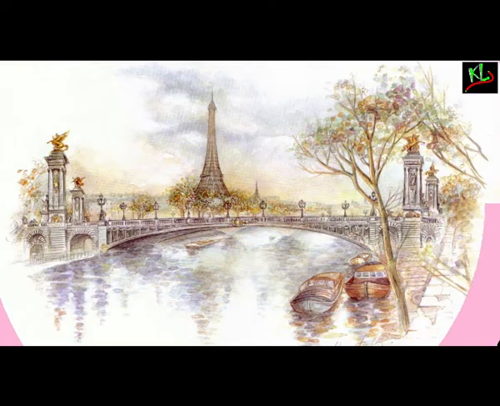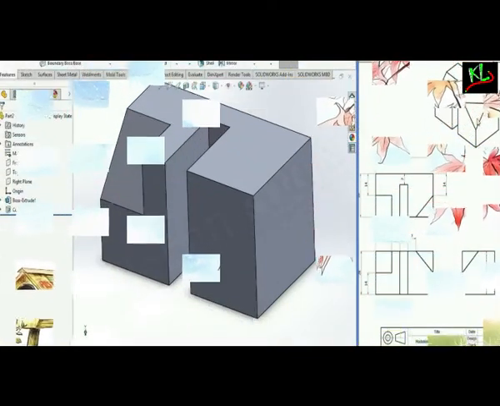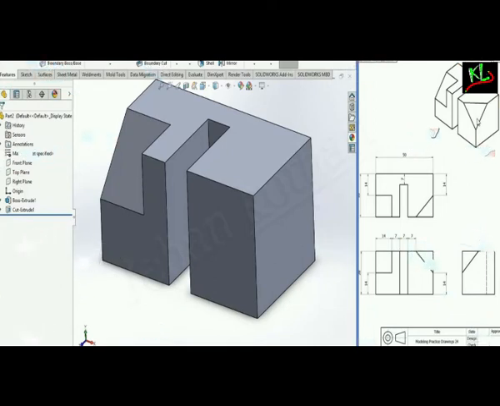It's the kind of drawing that we learned at nursery or school level. It's just a visual representation or a kind of imagination where practicality may not be there. But an engineering drawing has to be practical and possible to manufacture. These are the main points that you need to answer.